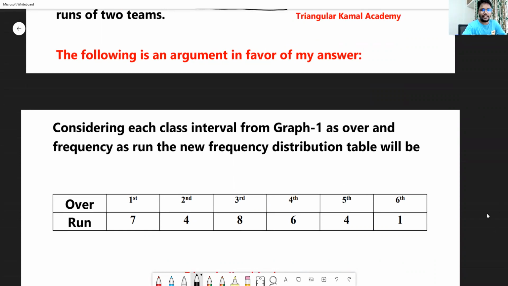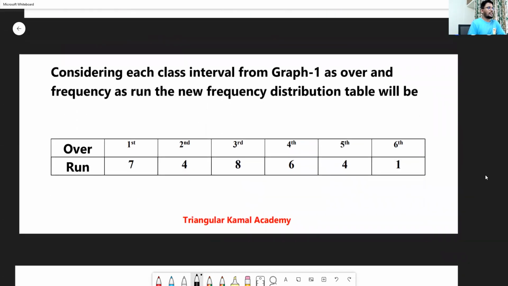Why am I thinking the first graph is used? Considering each class interval from graph 1 as one over, and the frequency as run.